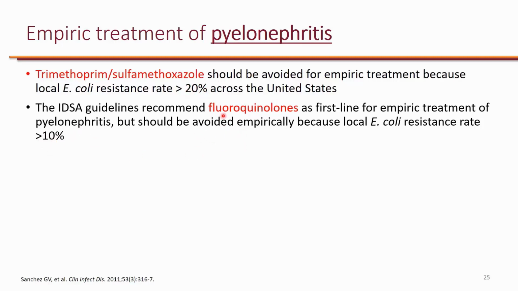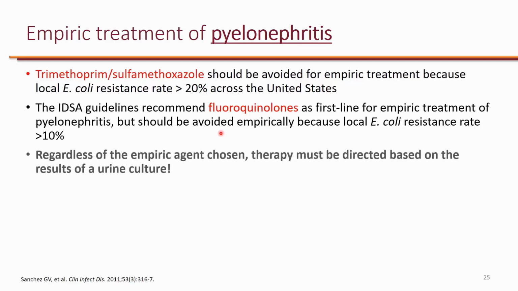So empirically, you should not use ciprofloxacin. But once your culture results come back, you could potentially use it, but it's not first line again because of collateral damage. Now, in pyelonephritis, you should have urine culture, so that helps us. Whatever you chose empirically, once you get the culture and susceptibility results back, we're gonna use directed therapy.